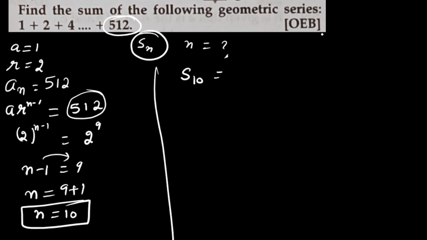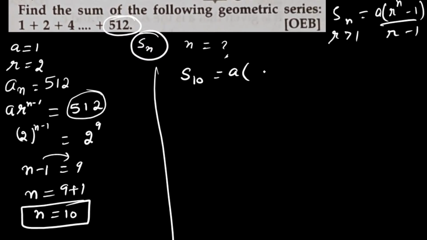What we have to find? S10. So Sn's formula I'll write: Sn is equal to A into r to the power n minus 1 by r minus 1. So r's value is greater than 1, that's why this formula I'm using. Now I'll just substitute.